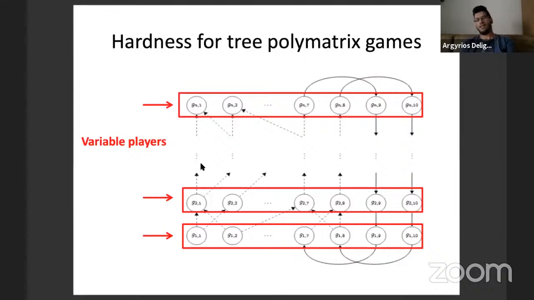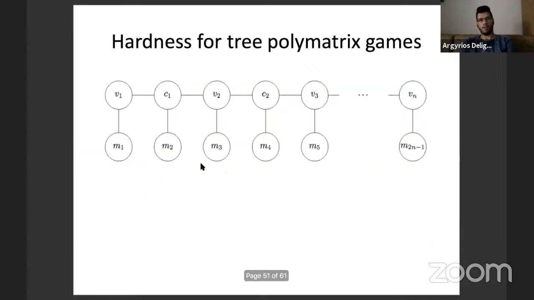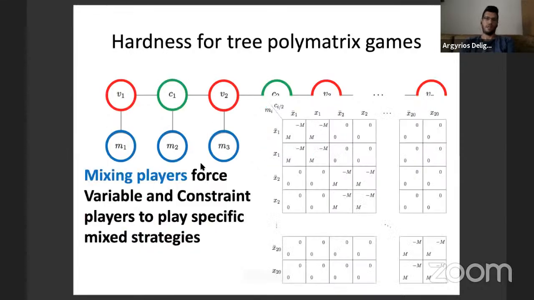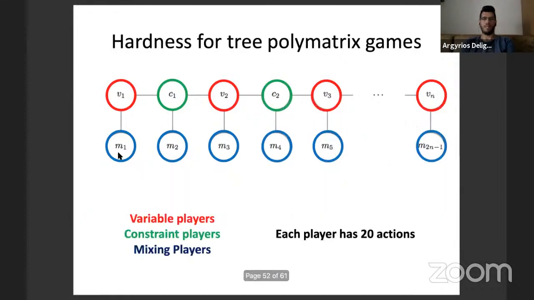Luckily for us, the majority of the gadgets used were defined in Daskalakis, Goldberg and Papadimitriou's seminal paper. So we had to implement only some of the gadgets. These are our own gadgets, the mixing players. So let me highlight this.